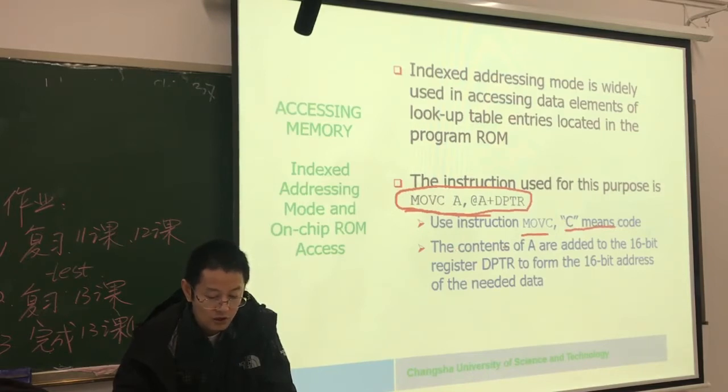The content of A is added to the 16-bit register DPTR to form the 16-bit address of the needed byte.